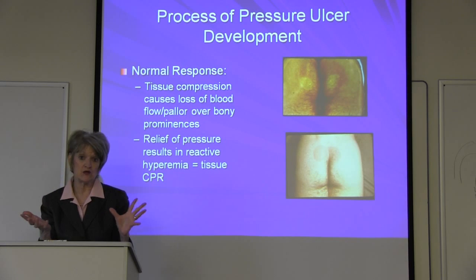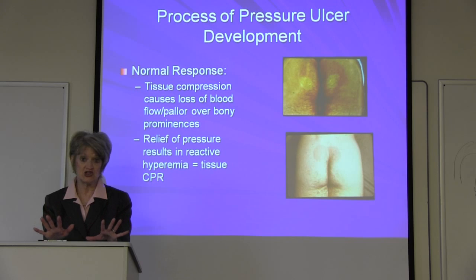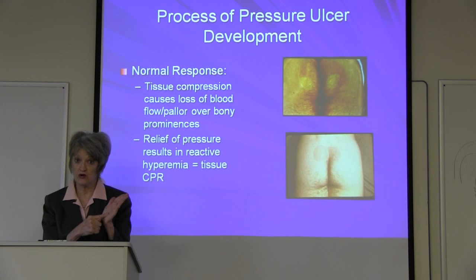And once they go back to normal size, that warm dark spot goes away. So reactive hyperemia, a normal response, blood rushes into all the dilated vessels to meet oxygen needs, but a short-lived response. And blanchable. Short-term blanchable erythema. Normal, not pathologic.